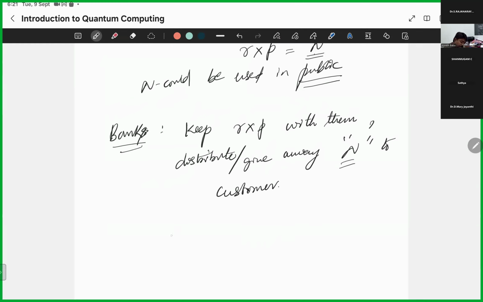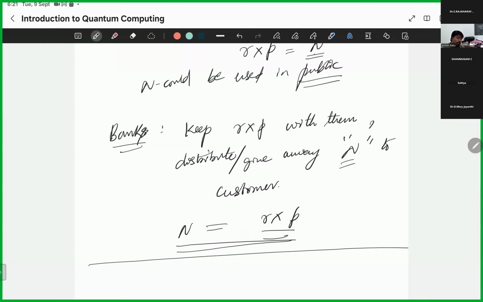The bank takes the n and tries to match it with the r and p it has. If the product of r and p matches n, then straight away the bank connects your login credentials. That is how any password will work. This is called public key cryptography. Okay, so now that is the background for Shor's algorithm.